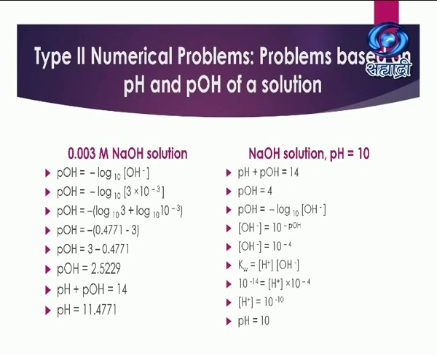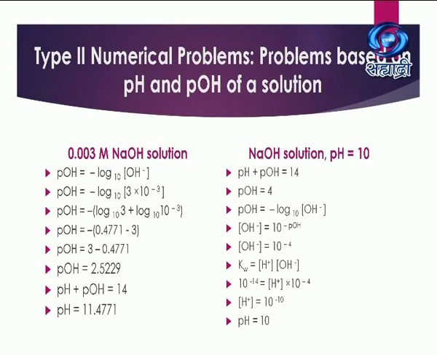As an NaOH solution is given and you have to find pH, you first find pOH, and once you know pOH, using the relation between pH and pOH, you can calculate pH. So let us first calculate pOH in this case. The definition is pOH equals minus log to the base 10 of the active mass of OH minus.